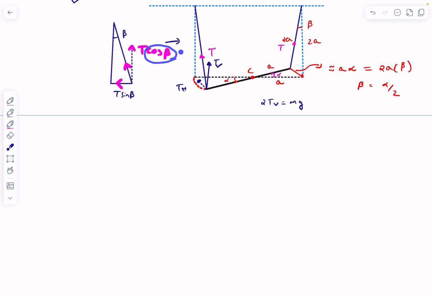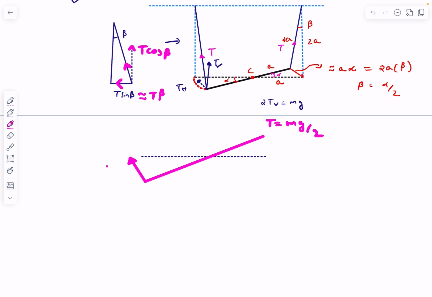Cos beta is roughly equal to 1, so the vertical component is roughly T itself, so we can say T equals mg by 2. The horizontal plane component is T sine beta, which is again roughly equal to T multiplied by beta. Now once we have the horizontal plane component, we can go back to the top view picture. This is the T parallel component, which is T beta, and similarly this is the T beta component acting on the other end.